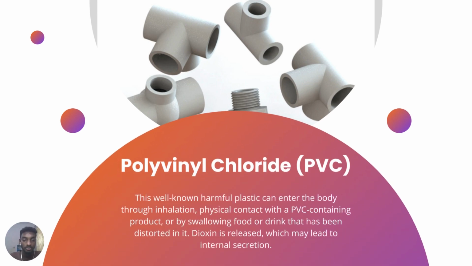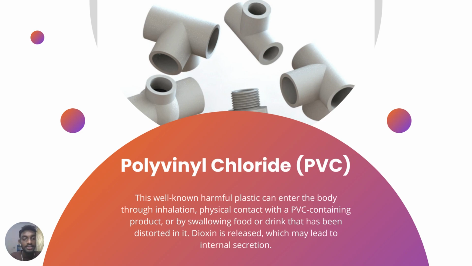So now I'll further explain why PVC is causing a lot of plastic side effects. This is a harmful plastic that can enter the body very easily through inhalation, physical contact with the PVC containing product, or by swallowing food or drink that has been contaminated by it.